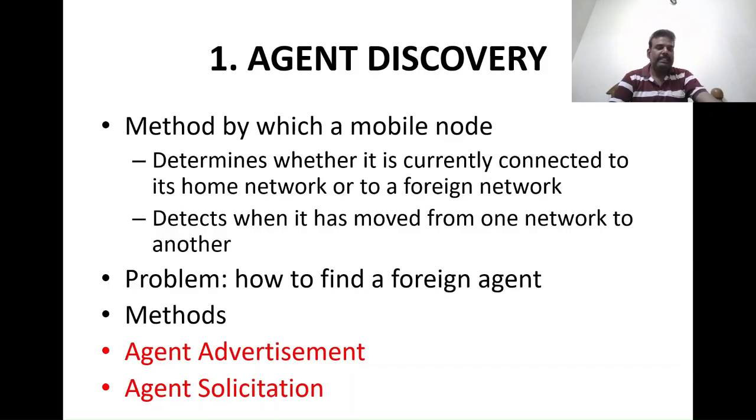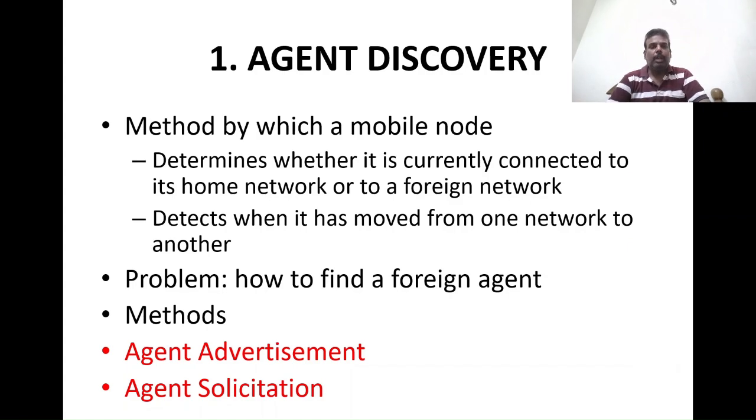That is the biggest problem here. For example, I belong to one network; imagine that it is my home network. Whenever I shift to another city or another state or another country, how do I start my data transactions there?